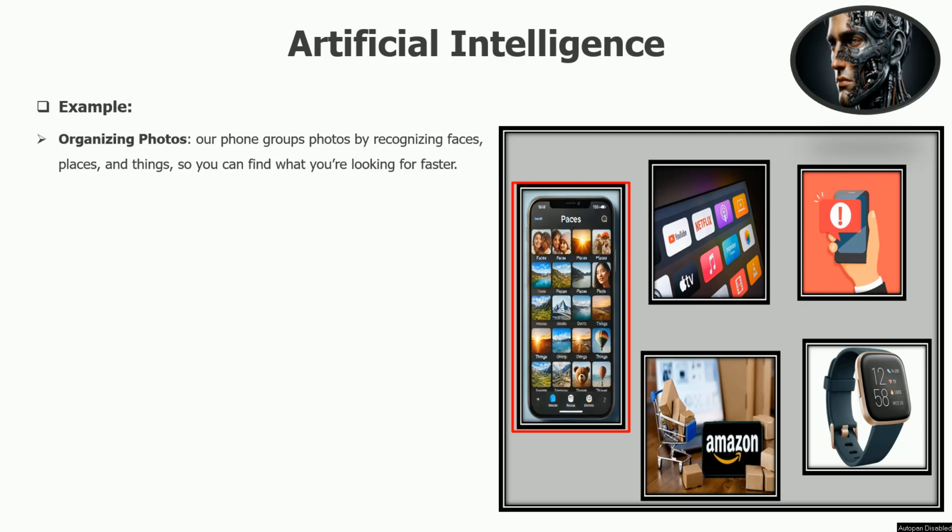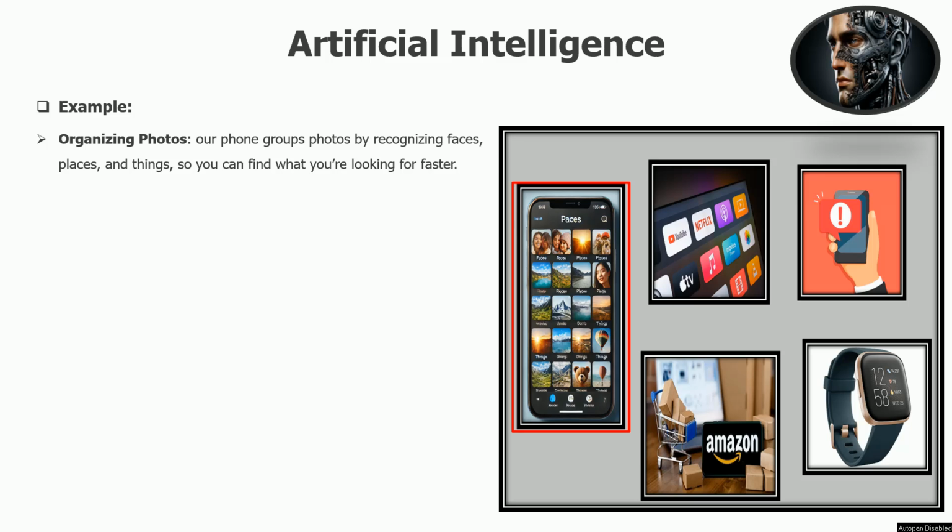Organizing photos. Our phone groups photos by recognizing faces, places, and things, so you can find what you are looking for faster. If you open your smartphone, there is a gallery. In the gallery, you will see the option for faces, places, and things.